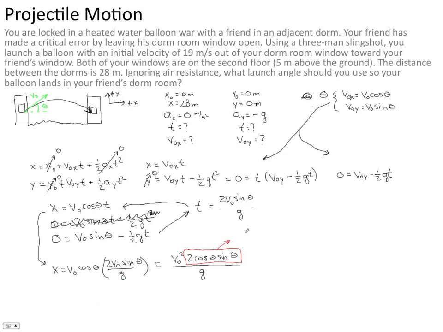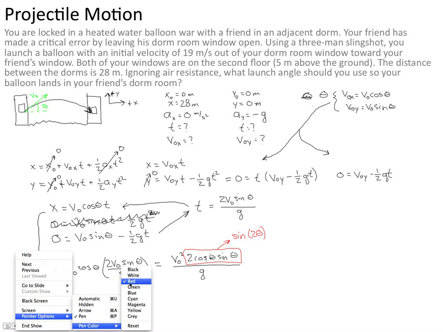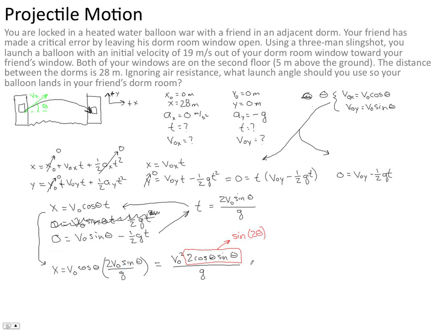Well, it turns out there's a trig identity that says 2 cosine theta sine theta is equal to sine 2 theta. All right, so we can rewrite this as v naught squared sine 2 theta divided by g.